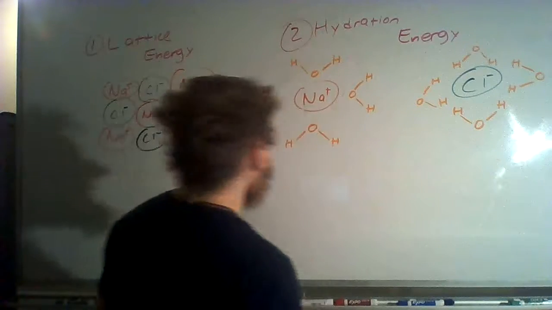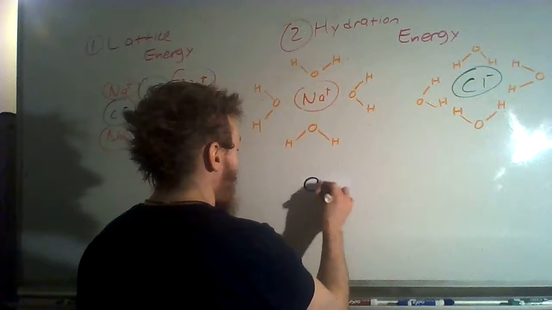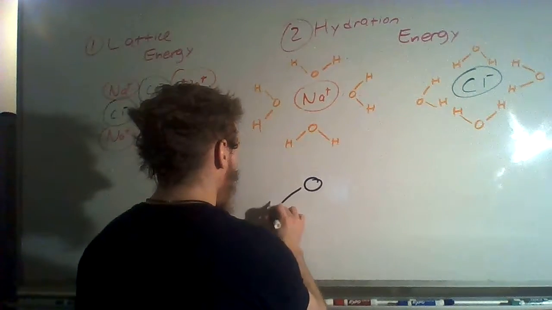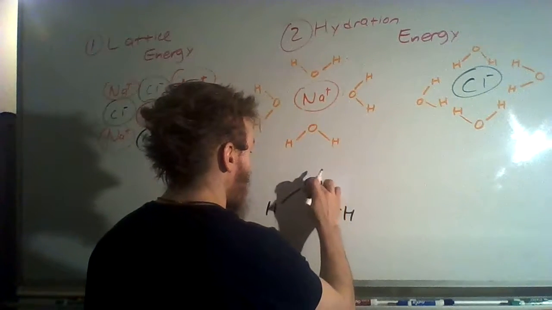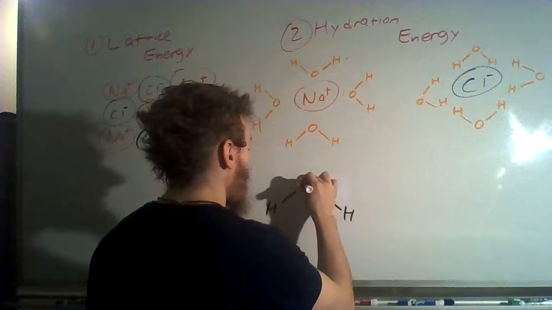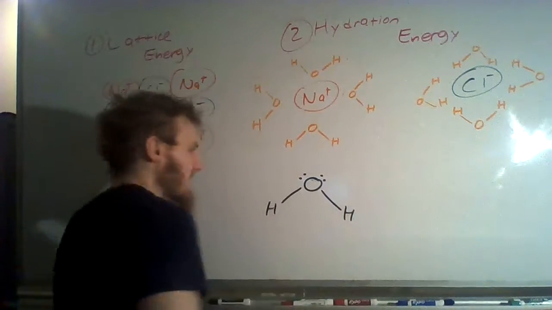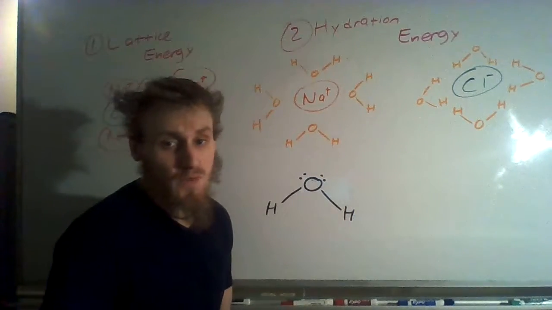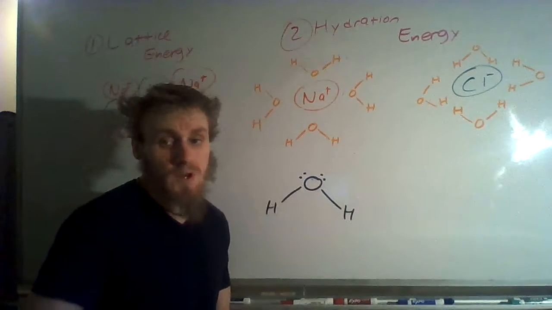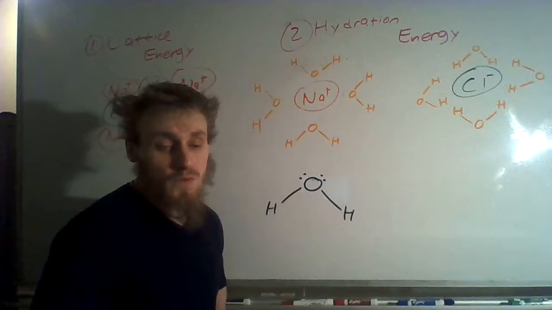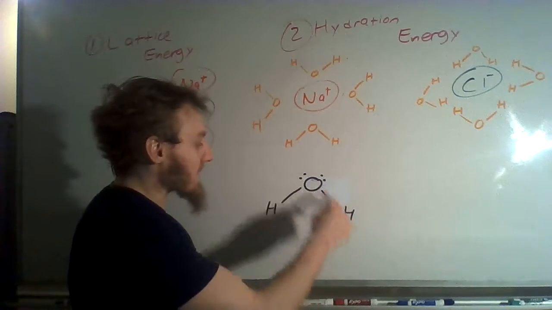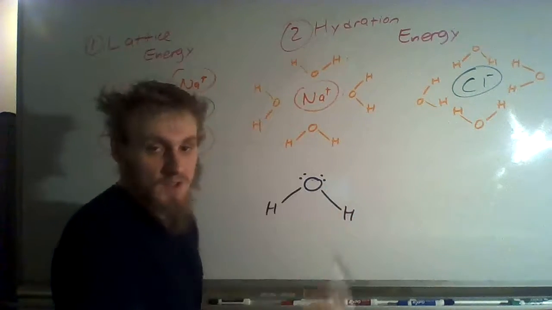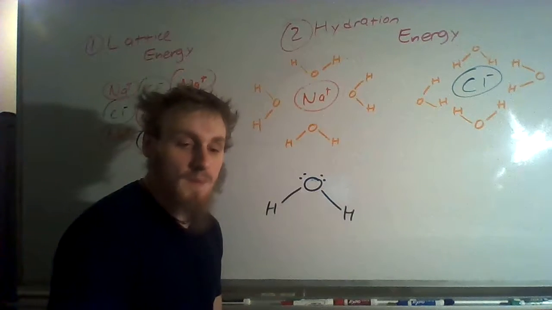You'll have an oxygen, a hydrogen, and then we'll have our lone pairs up here. And so, again, if you've seen some Lewis structures before, you know how to draw them. Maybe you've been exposed to VSEPR theory. You know that water is actually a bent molecule with regards to its geometry.